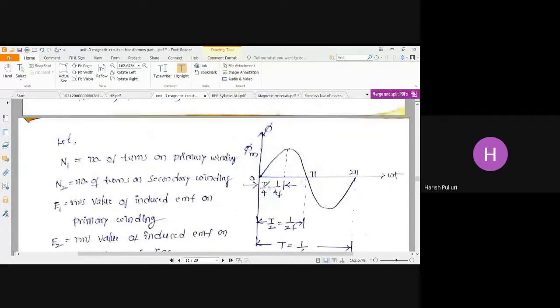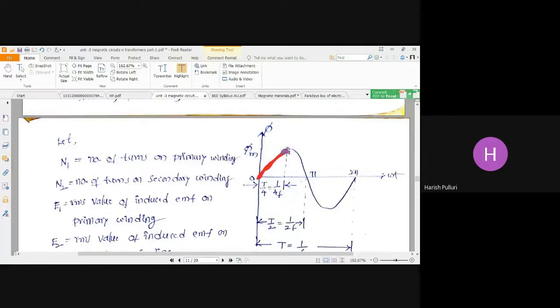See, this is a sinusoidal equation we are taking, an alternating waveform, sinusoidal only, right? So in this sinusoidal waveform, I substitute the d phi and dt values. What does d phi mean?